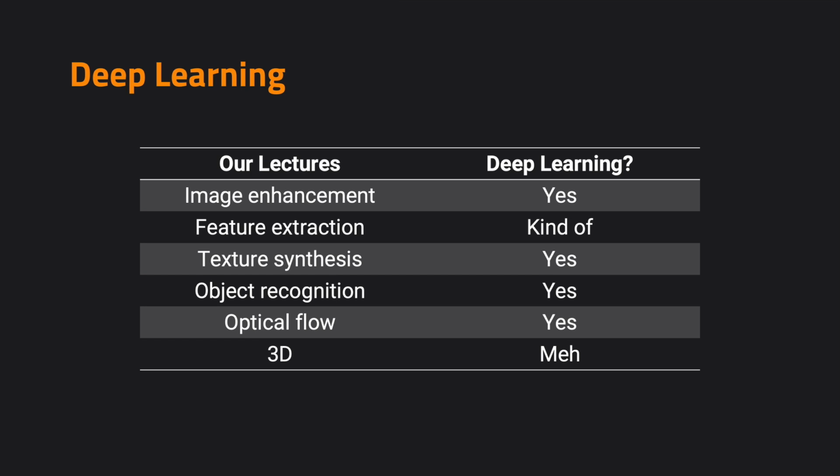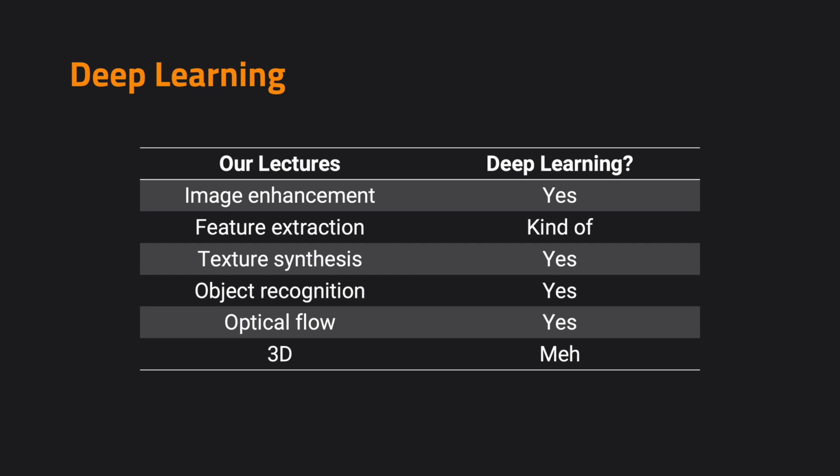First of all, the deep learning lecture on supervised learning will review some of the previous lectures and also talk about the deep learning solutions for those problems. And here is an overview of which problems have been resolved by deep learning and which are still kind of mixed.